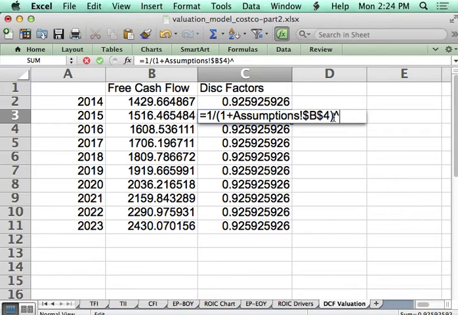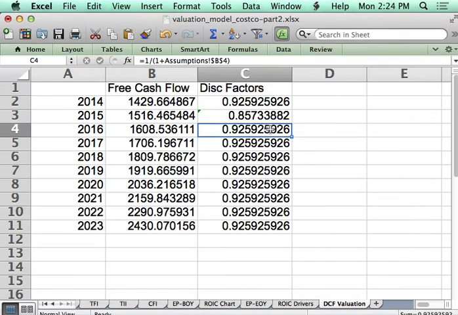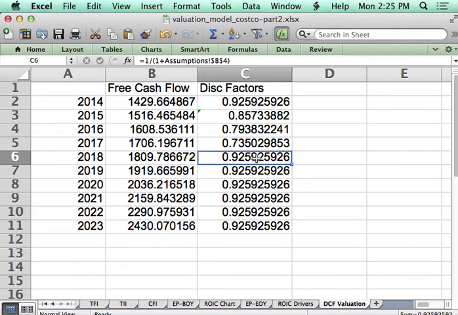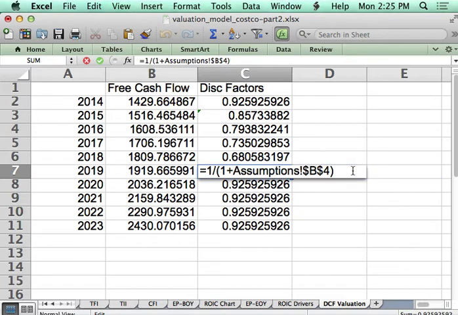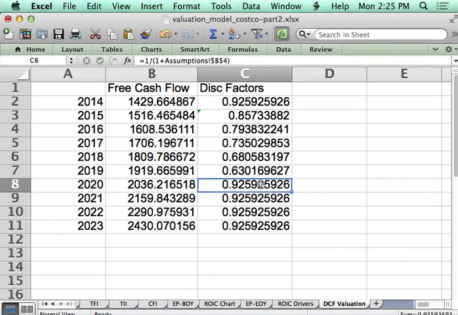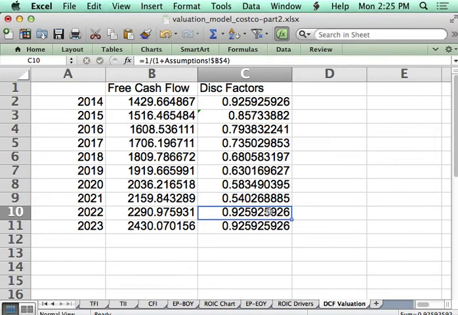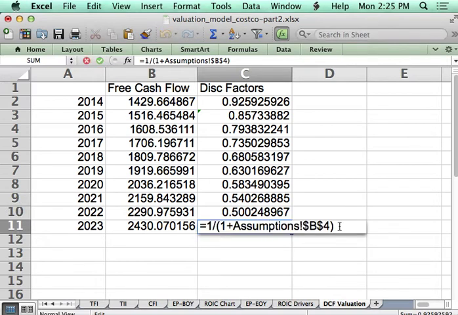Shift 6 is the caret function in Excel, 2 squared. 2016, shift 6, 3. 2017, power of 4. 2018, power of 5. 2019, power of 6. 2020, power of 7. 2021, power of 8. 2022 to the 9th power. 2023 to the 10th power.